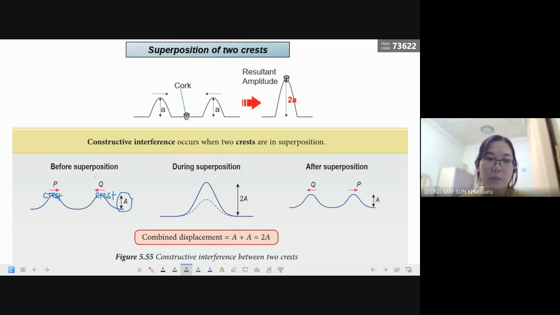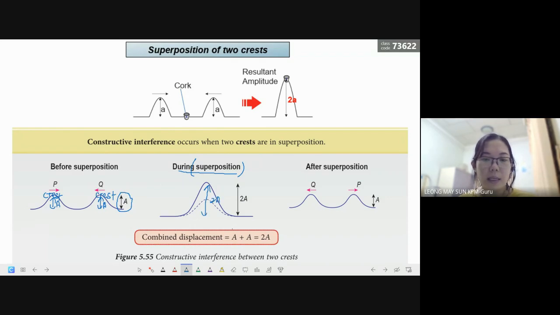Before superposition, which means before overlapping. Once it overlaps, during the superposition, I'm using the word overlap so that you'll understand, but the physics term is superposition. Initially the amplitude of Q is A, and the amplitude of P is also A. During superposition, it will rise up to become 2A.